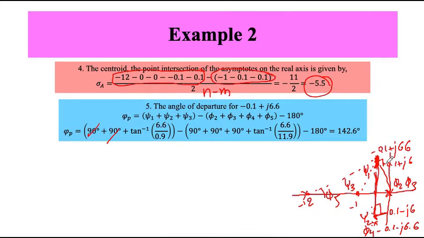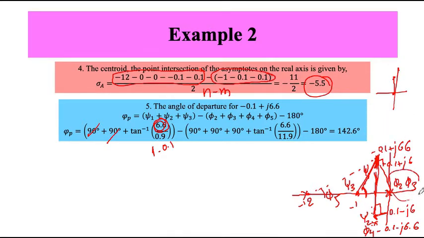Then with this zero, the y distance is 6.6 and the x distance is 1 minus 0.1, so 0.9. Similarly for this one, it is approximately 90 degrees, because one is 0 and the other is 0.01, a very minute difference.